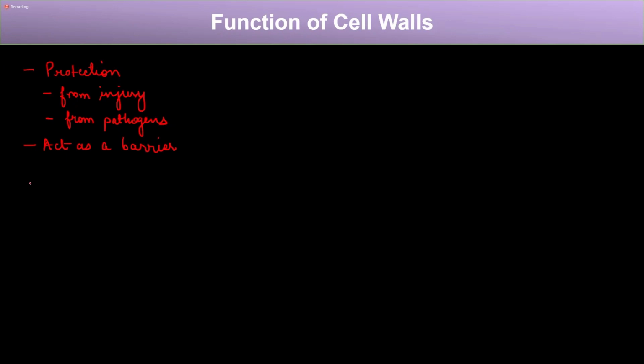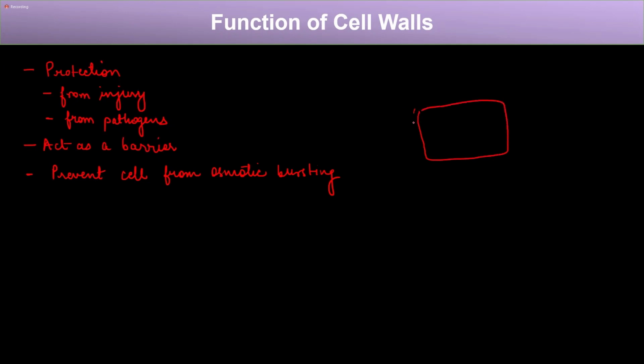Now the third thing is it prevents the cell from osmotic bursting. So we just saw what osmosis is. If you have a cell, this is the plasma membrane, and outside the plasma membrane you have a cell wall.